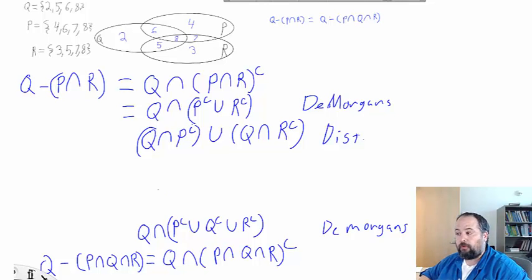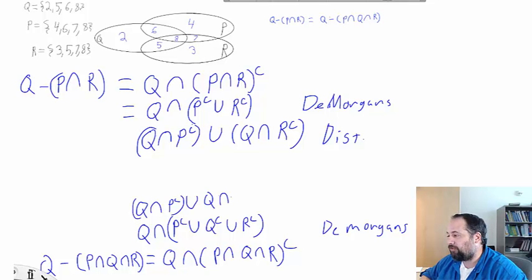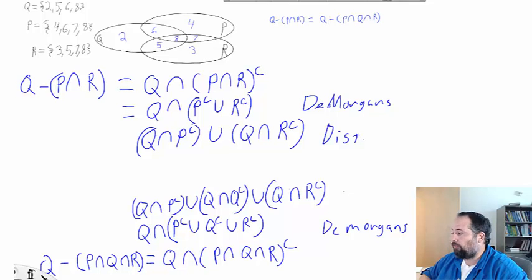And just like before, we can now distribute this, and we'll get Q intersection P complement unioned with Q intersection Q complement unioned with Q intersection R complement. And I should write down that is distributive.